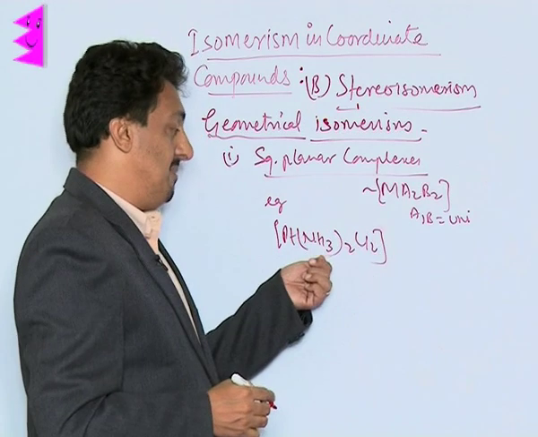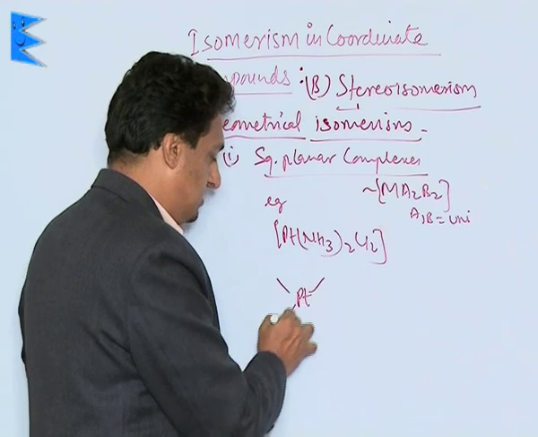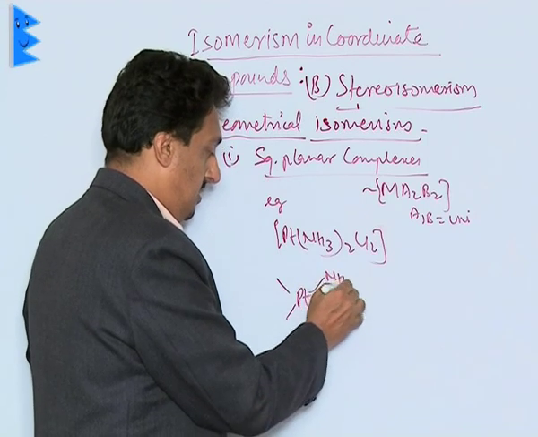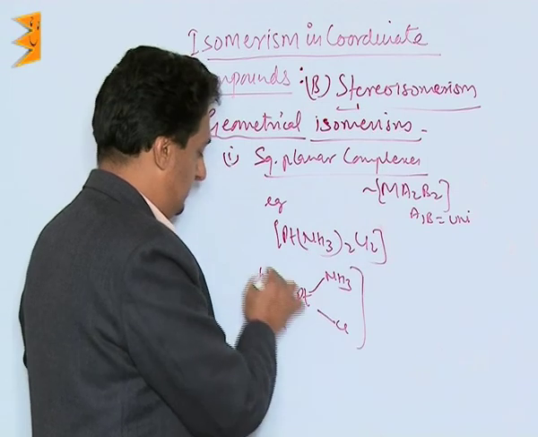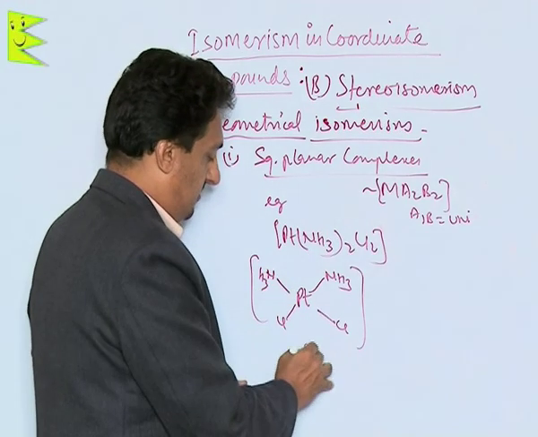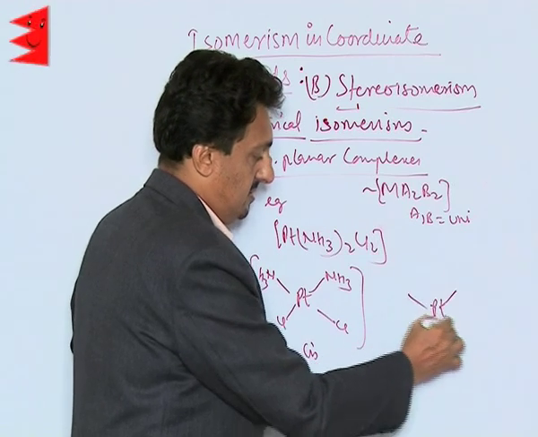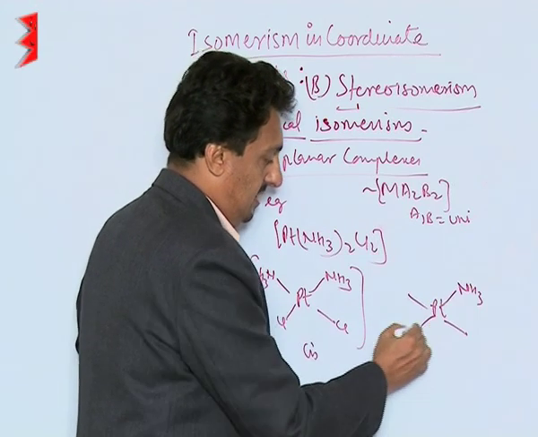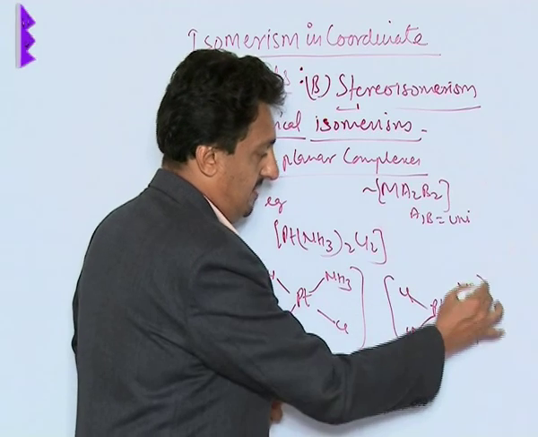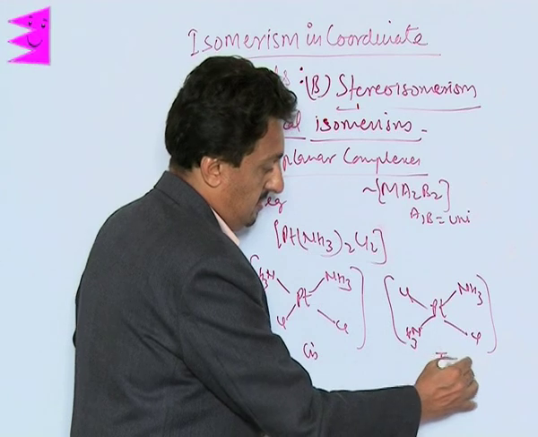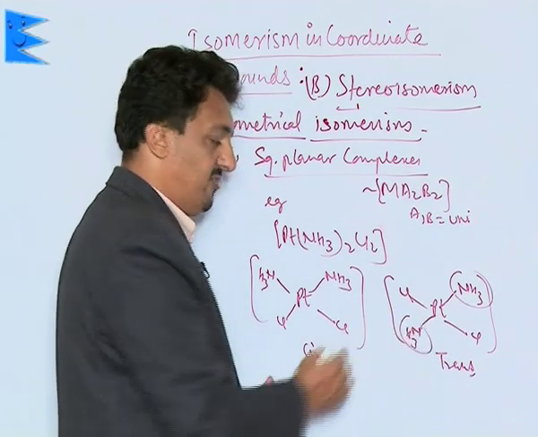This is called diamminedichloridoplatinum(II). Now in this we can have one isomer in which the same type of ligands are on the same side, like this. This one is called the cis isomer, and the other type is like this, which is called trans. The same type of ligands are opposite to each other.